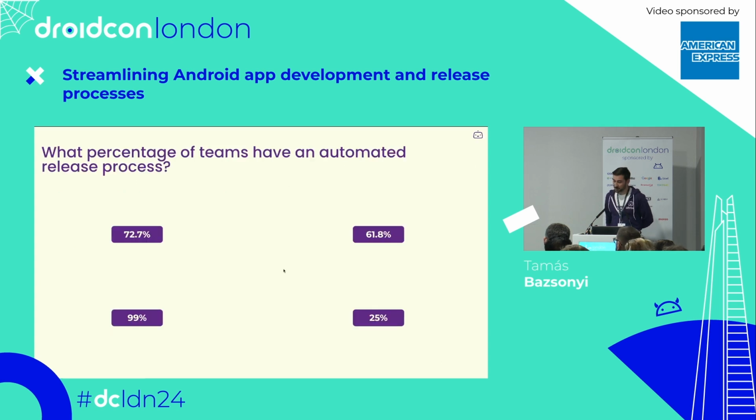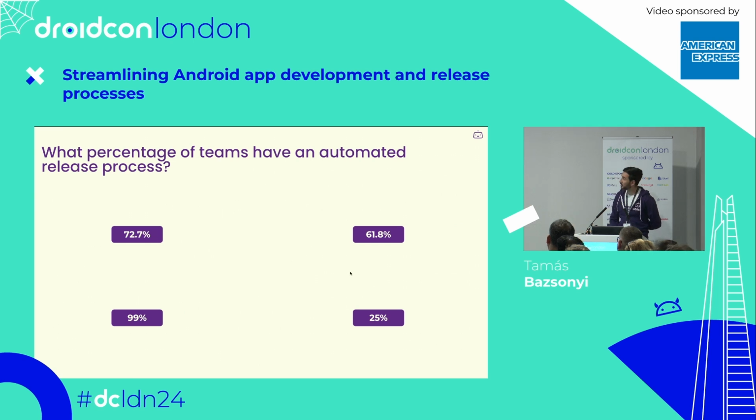Quick question, the final one. What percentage of teams have an automated release process? Who says 72.7%? Who says 61.8? 99? And 25?